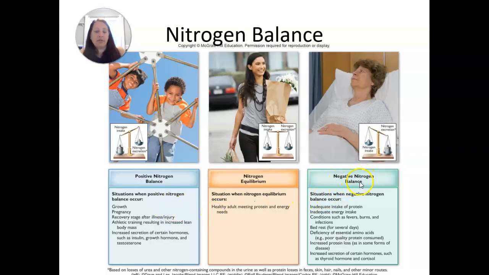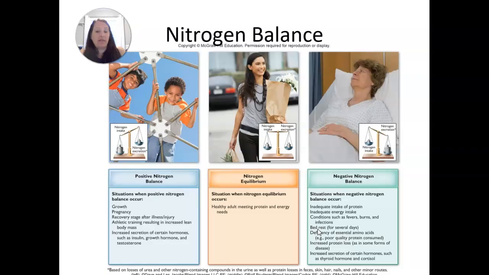So negative nitrogen balance is a situation that occurs when there is an inadequate intake of protein, and usually that results in an inadequate energy intake. Okay, so when would this happen? Individuals who are sick, so they're in a disease state, with fevers, burns, or some type of bacterial, viral, or parasitic infection, can have this.